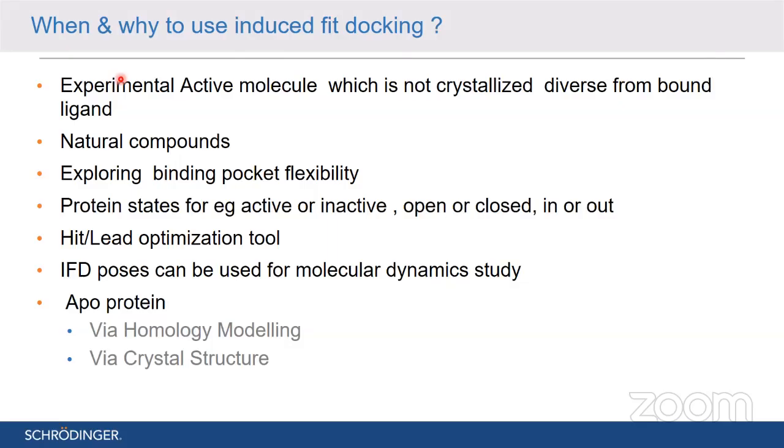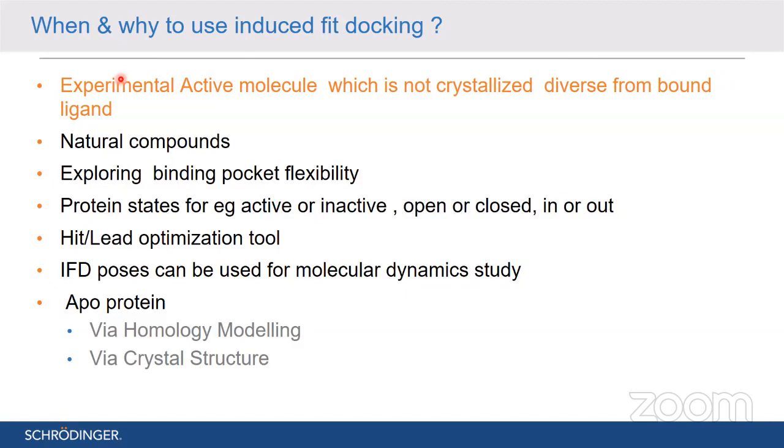The first thing is you need to have an experimentally active molecule which is not crystallized. Think about this situation: you have performed screening, you have identified molecules, you have done the biological activity. Out of the screened molecules, there were 2 molecules which were highly active. In the traditional approach, you need to crystallize it to understand the interaction.